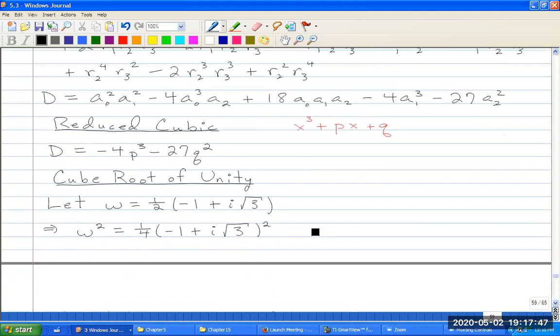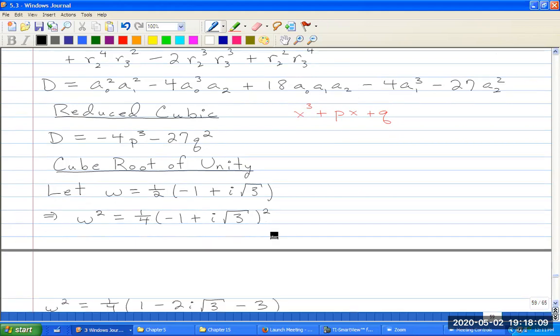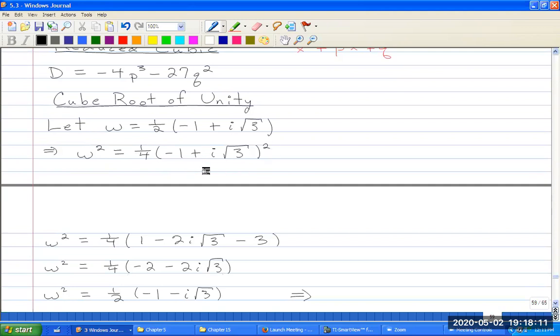A cube root of unity. Let omega, the fancy w, equal 1/2 times the quantity negative 1 plus i root 3. Then omega squared is, well, 1/2 squared is 1/4, times (negative 1 plus i root 3) squared. Let's square this.